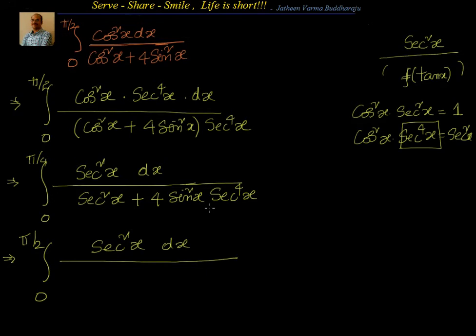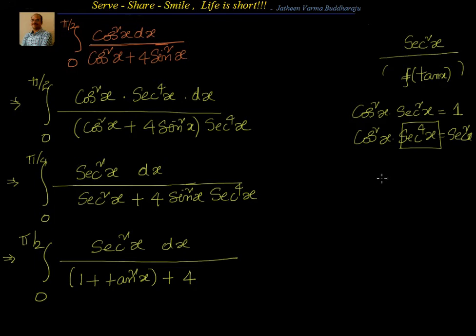So, let us check one by one. If I take secant square x, how can I convert that into a function of tan x? I can write it as 1 plus tan square x, plus 4 into sin square x into secant to the power of 4x.